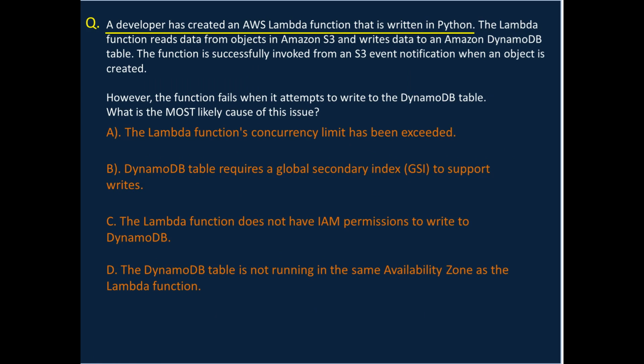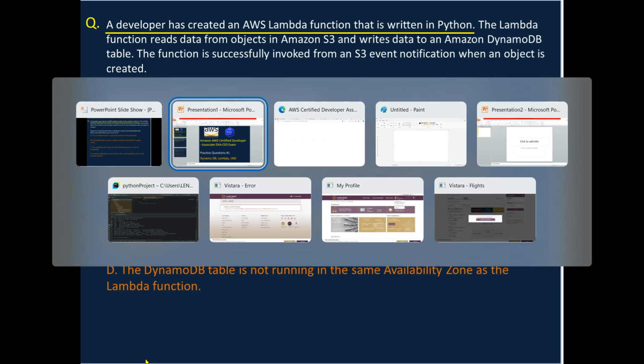A developer has created an AWS Lambda function that is written in Python. So guys, whenever you're reading the question, you should take a piece of paper in your exam and start drawing whatever the question is talking about.